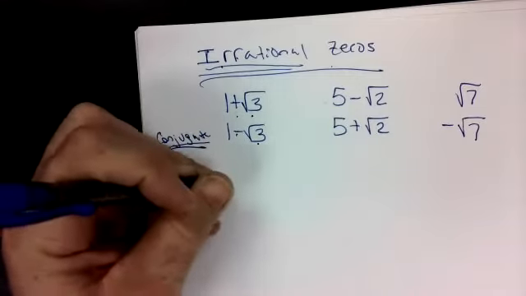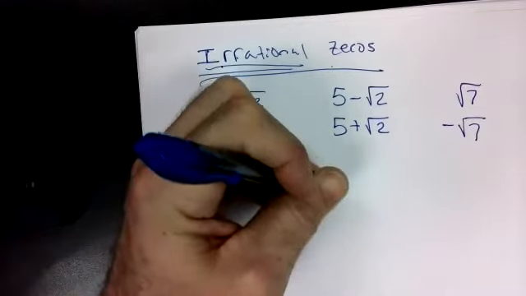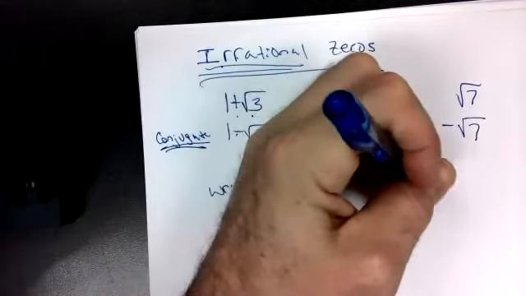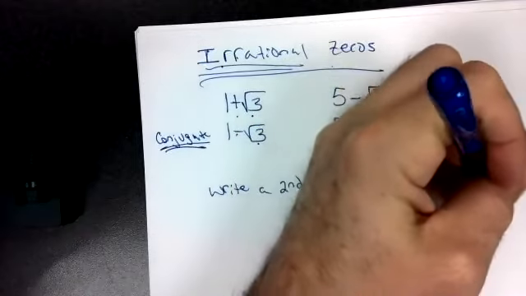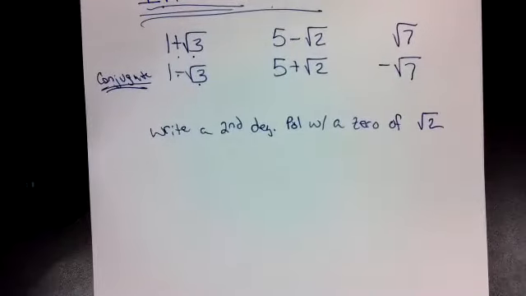So they could ask us, write a second degree polynomial with a 0 of square root 2.